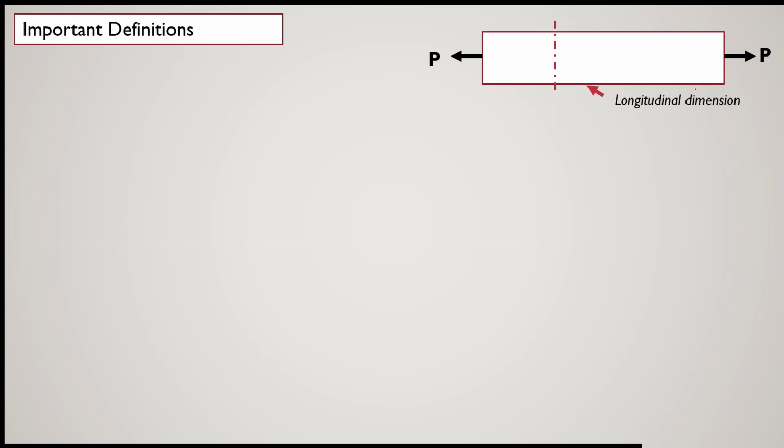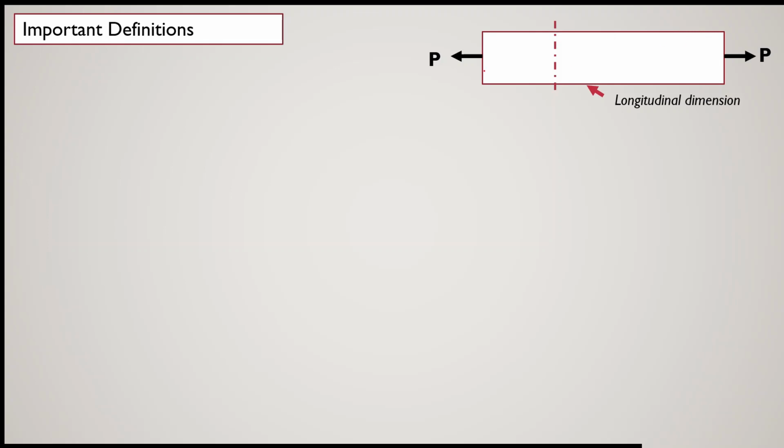Suppose this is a rectangular bar, it may be a steel bar, and you are applying some force, which may be a tensile force, a compressive force, or any type of force. Then what will be the actual behavior of this material? Will it fail or will it not fail?